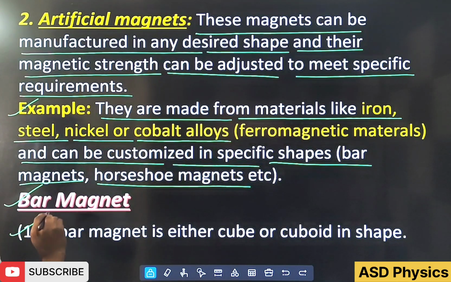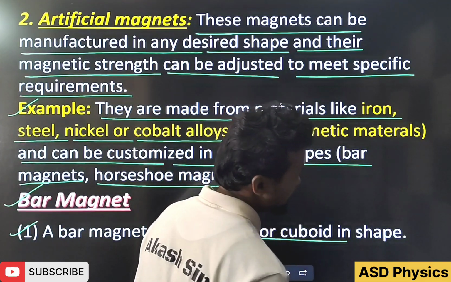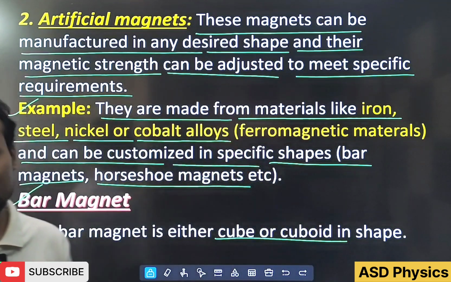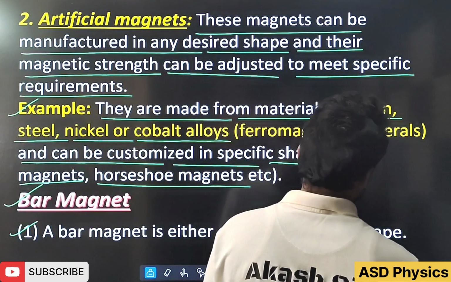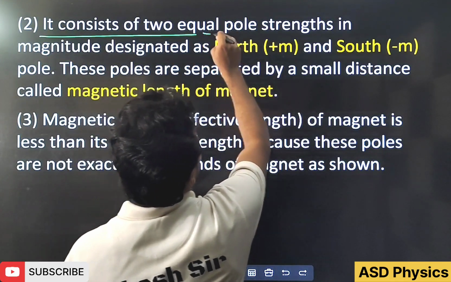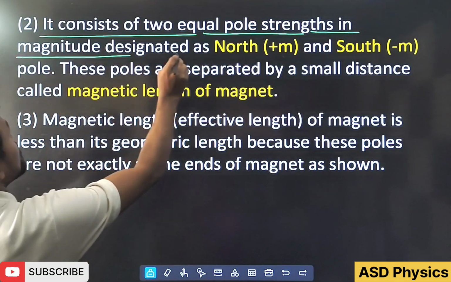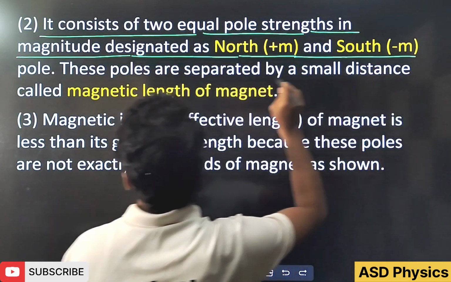Bar magnet, first one, a bar magnet is either cube or cuboid in shape. You know very well cube or cuboid, how it looks like, is it? Can you see it? Now other property we will see for the bar magnet. Second one, let's see. It consists of two equal pole strengths in magnitude designated as a north and a south pole.